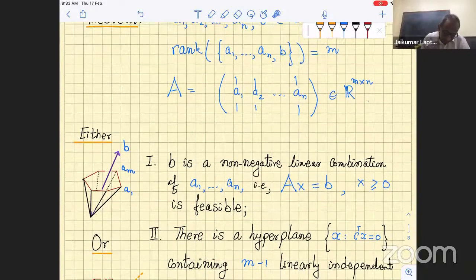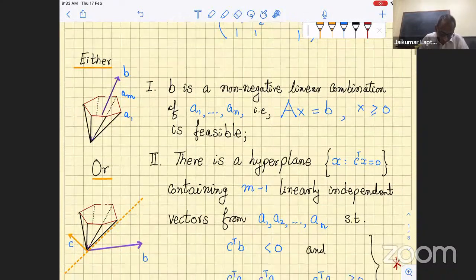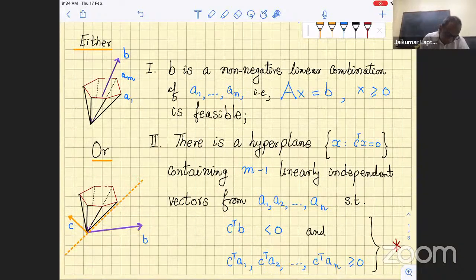Either this vector b is in the cone, or there is a hyperplane with its normal pointing in this direction, and the entire cone, the very same cone, is on this side, and this b is on the other side. Strictly on the other side.